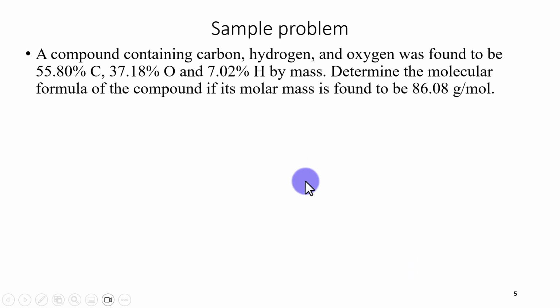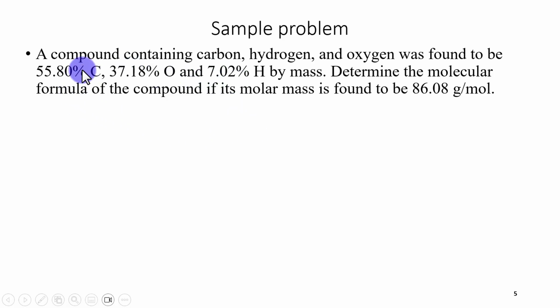Here's the sample problem for you to try. You have a compound that contains carbon, hydrogen, and oxygen, so you have 3 elements. And here are the percentages: 55.8% carbon, 37.18% oxygen, 7.02% hydrogen by mass. Assume 100 grams of your compound, and that will make these into grams instead of percent.